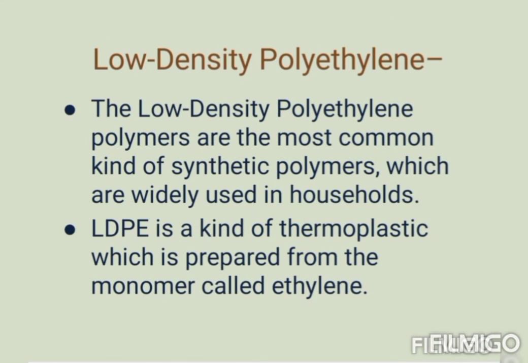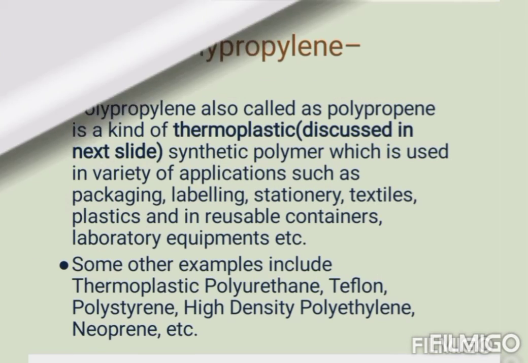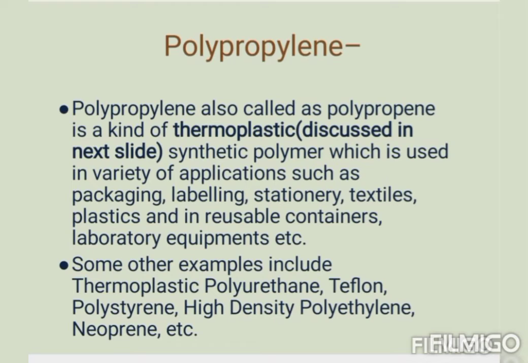Next, we will study low density polyethylene. Low density polyethylene polymers are the most common kind of synthetic polymers which are widely used in households. LDPE is a kind of thermoplastic which is prepared from the monomer called polypropylene. Polypropylene is a kind of thermoplastic discussed in our next slide.